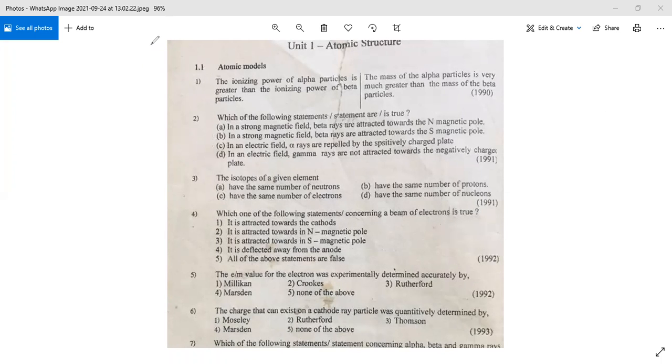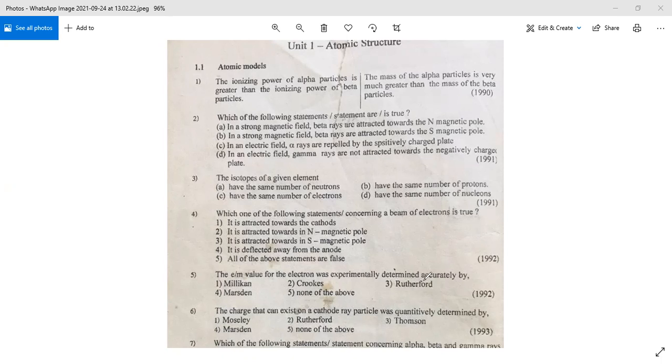Isotopes are nuclei with different masses in the same element. Should be the same element; only the masses are different.